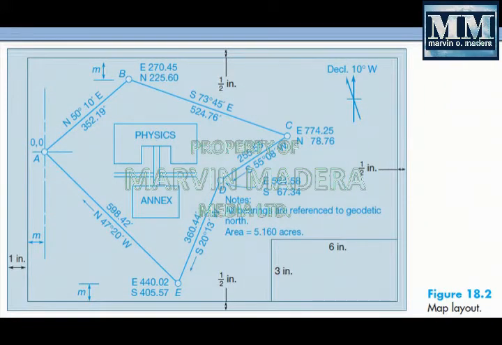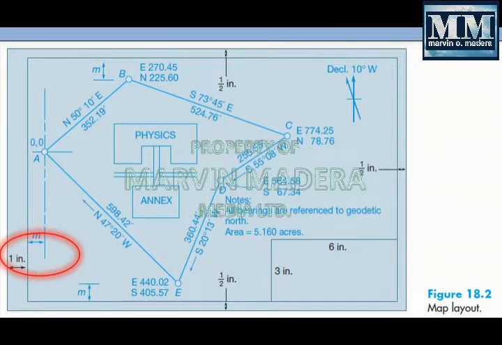So we have here a sample of a map layout. Take note that most of these layouts have this visual center, which is the subject of the map. Mostly in this figure here, we have a presentation of the dimensions or the margins that are present in the standard map layout.